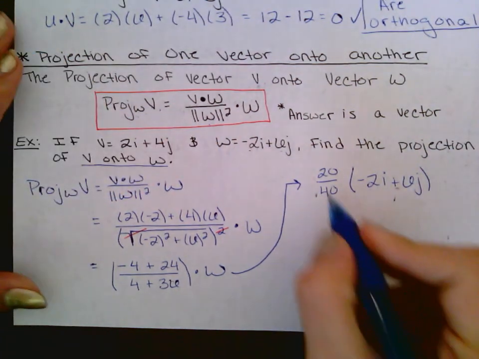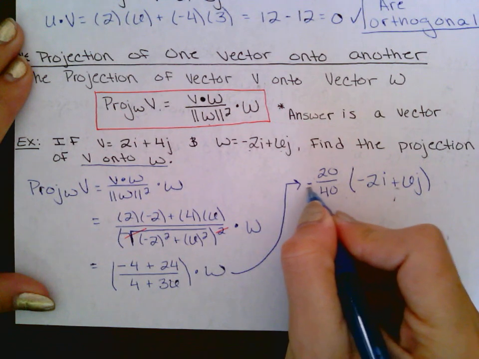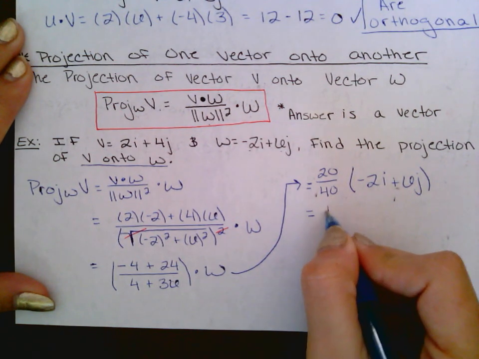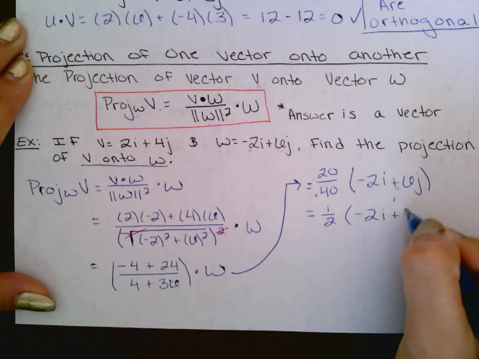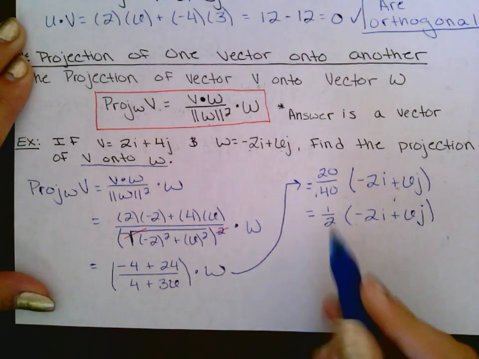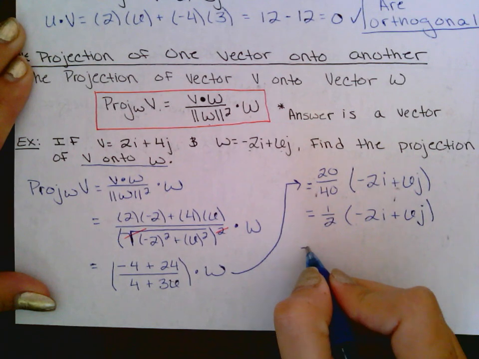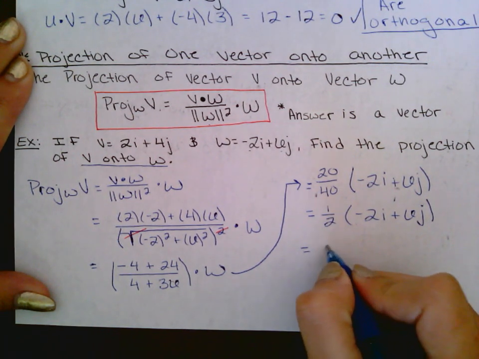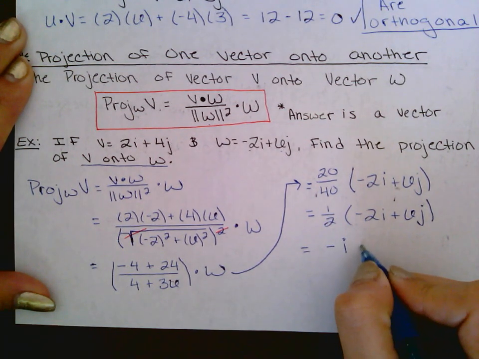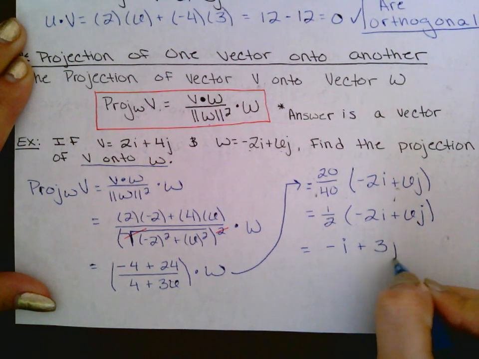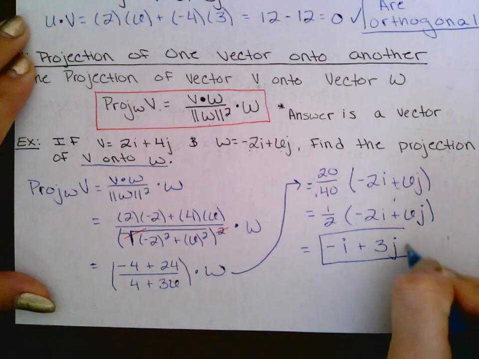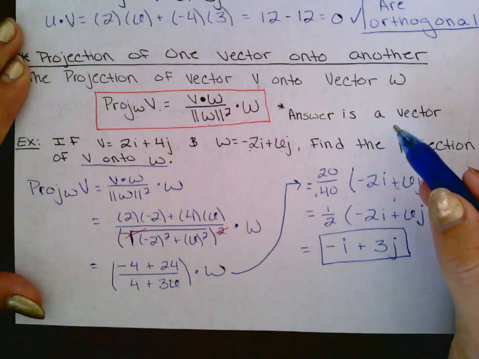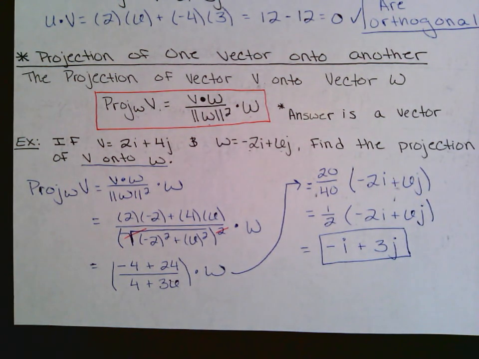Okay, we can reduce 20 over 40 to a half. And then all you're going to do is distribute that 1/2 into the vector, which is going to give you -1i plus 3j. And that is your final answer. And just like we said, we ended up with a vector. Okay?